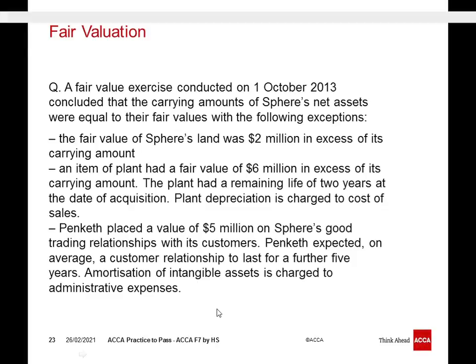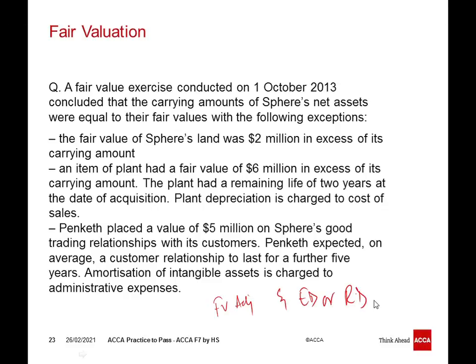So in these questions, you are required to calculate the fair valuation adjustments and the excess depreciation or reversal of depreciation.